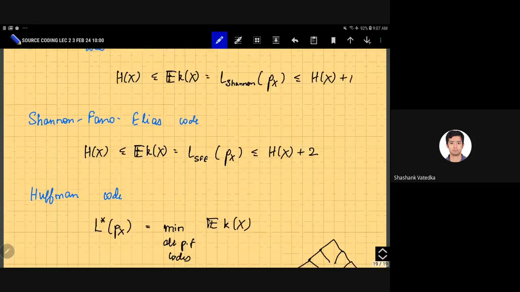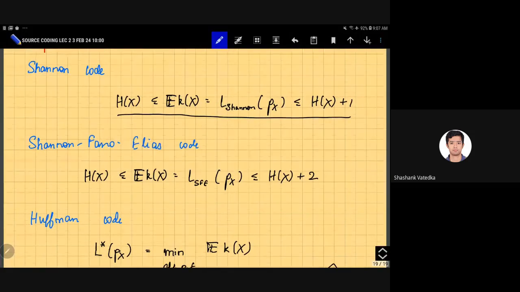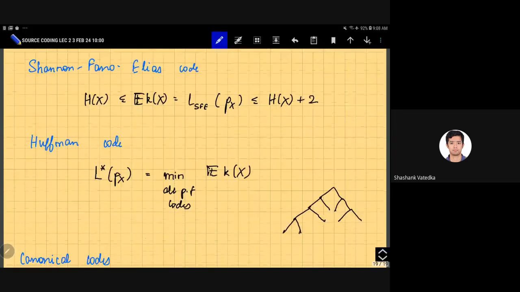So combining it with this particular result over here, that the Shannon code achieves an expected length between H of X and H of X plus 1, we can say that the Huffman code achieves an expected length which is between H of X and H of X plus 1 bits.